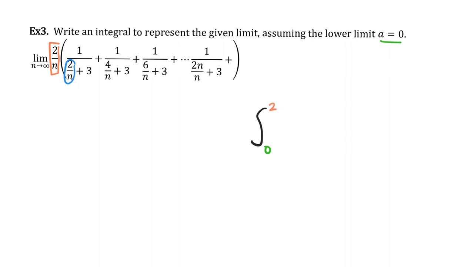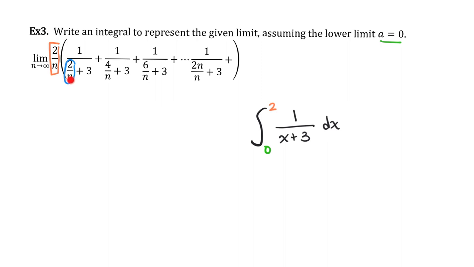Okay, so this looks like 1 over 2 over n plus 3. I'm plugging in 2 over n because that's the first term. So this is going to be 1 over this plus 3. So my function looks like it's 1 over x plus 3, and then I'm going to put dx because that's the width. Okay, does this work? Let me see.